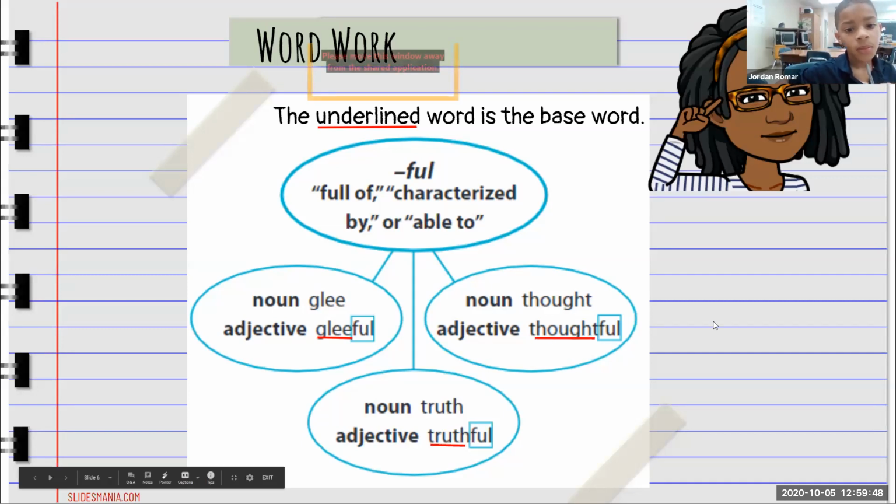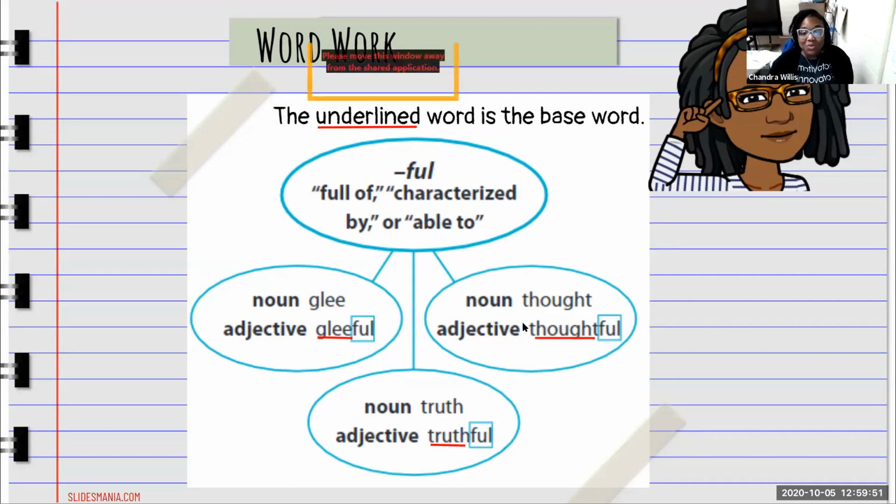Thoughtful. Whenever you want to figure out what these words mean, look at the base word. This underlined word is the base word, right? And then it tells you that full means full of. So what does thoughtful mean?